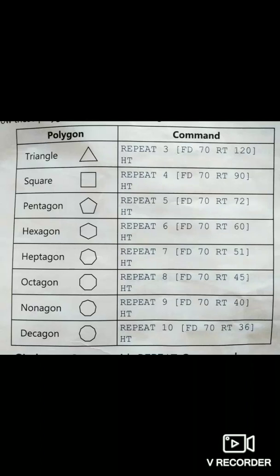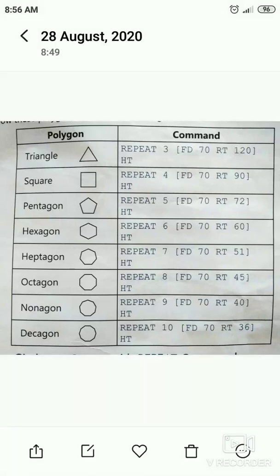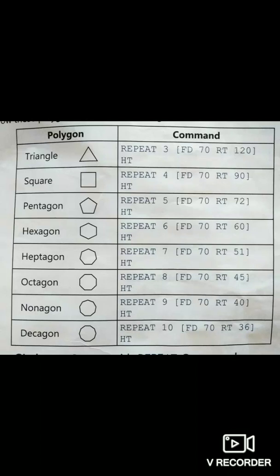A heptagon is the polygon which has 7 sides, so in the case of a heptagon, you write repeat 7. So first of all, you give the repeat command followed by the number of sides of the polygon figure.